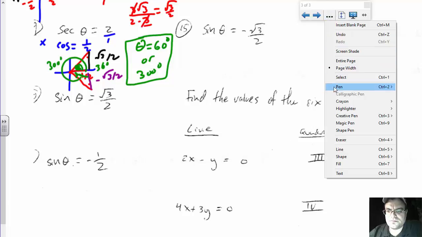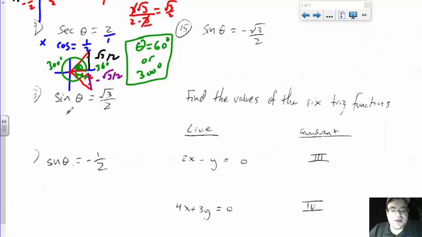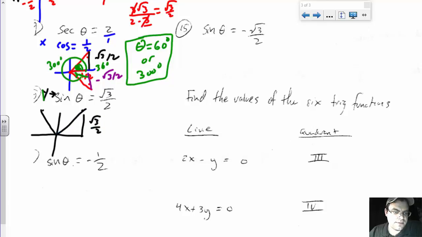Number 10. Sine of theta equals √3 over 2. Very well. Sine is a y value on your unit circle because the radius is 1. So again, sine is positive because it's a y value here in this first quadrant and the second quadrant. So we're going to say, okay, we got this going on here. This is √3 over 2. We got this going on here. This is √3 over 2. And that tells me this side is 1/2 and this side is a -1/2.